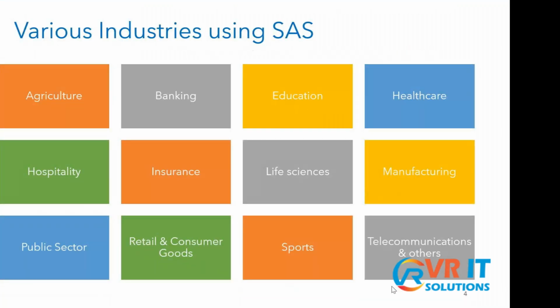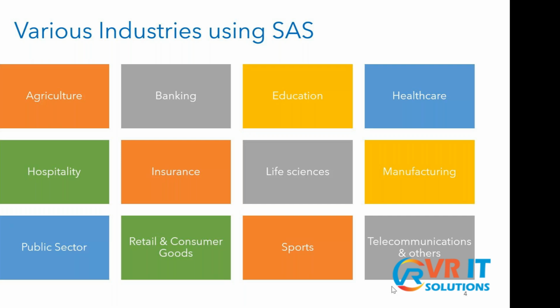When it was incepted, it was meant only for the agriculture industry. But later on, because of its wide range of capabilities, it is widely used wherever data comes. You take agriculture, SAS is there. Banking sector, SAS is there. Life sciences, 100% of the life sciences companies, pharmaceutical, biopharmaceutical, biotechnology, microbiology companies, vaccine therapies. In all of these life sciences, if you want to analyze the data, SAS is the answer.